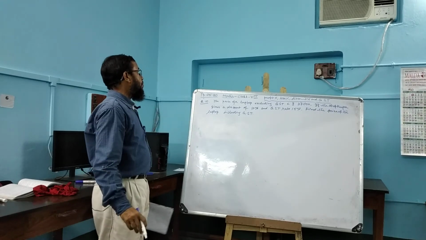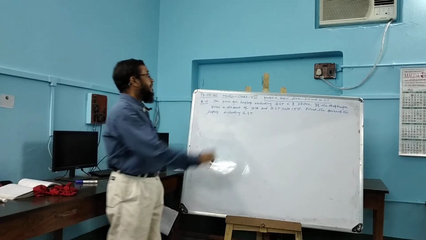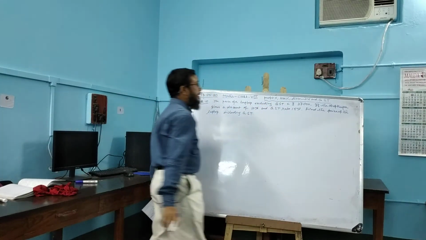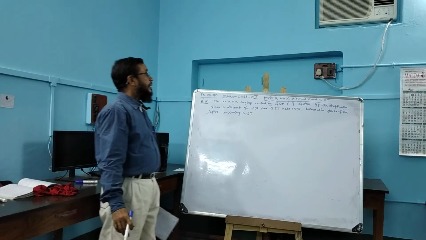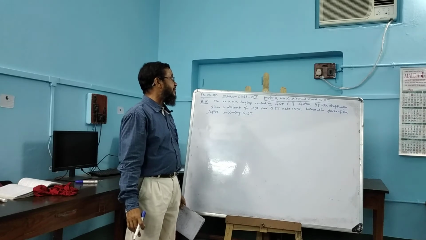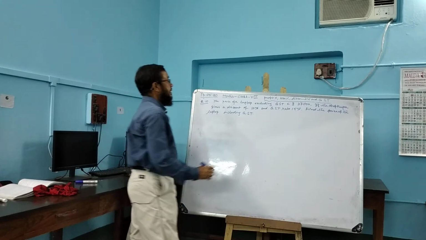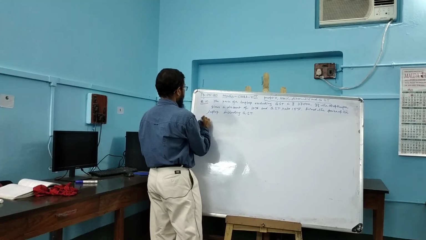Very interesting question. The price of a laptop excluding GST is this. That means it is the mark price. If the shopkeeper gives a discount of 10% and GST charge 15%, find the price of the laptop. This is a cinch answer.